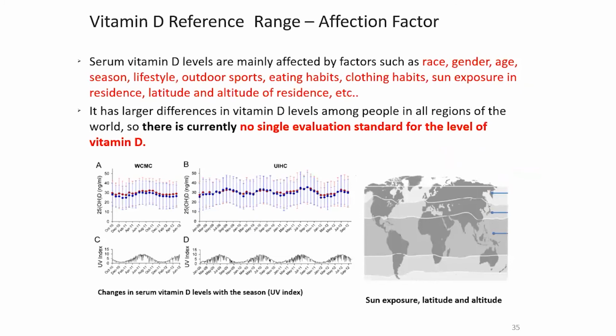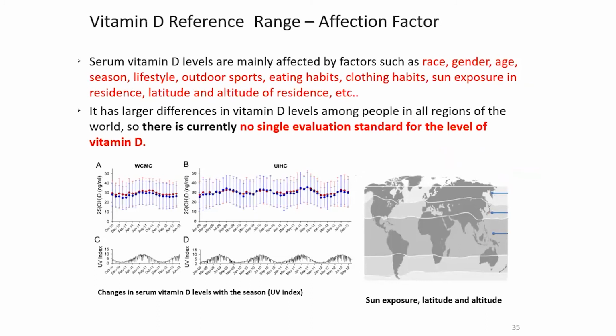The vitamin D levels are mainly affected by factors such as race, gender, age, and season. Winter to summer, there is some variation. Based on lifestyle, indoor, outdoor games, or sports people, eating habits, clothing habits, exposure to sunlight, latitude, and altitude of the residence.